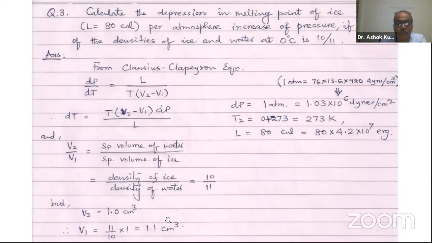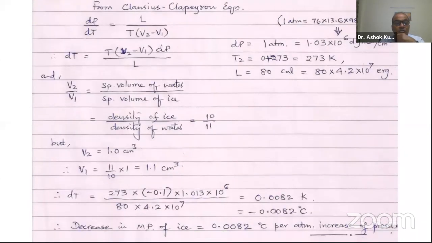So now we have V1, V2, and we have L, and we have dP. We have to find out dT from this relation. Okay, so now we put the values in the Clausius-Clapeyron equation.